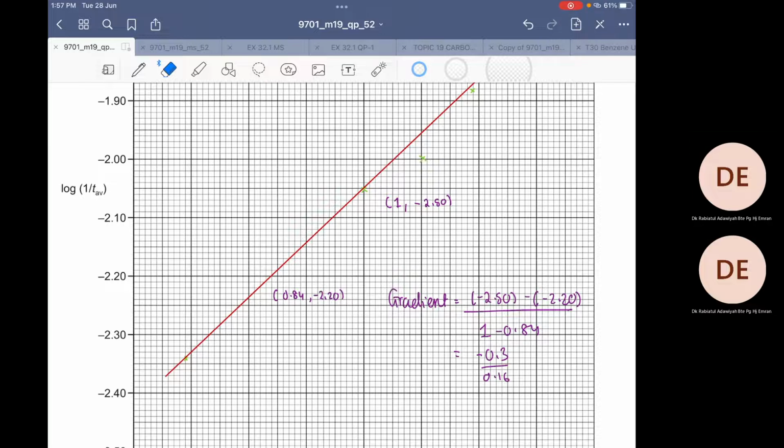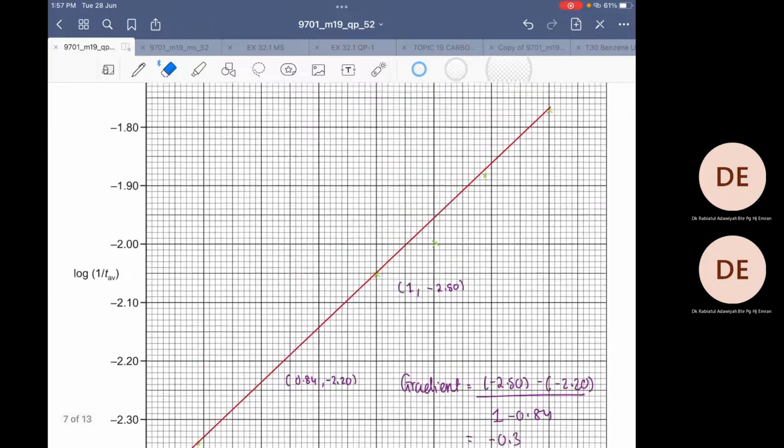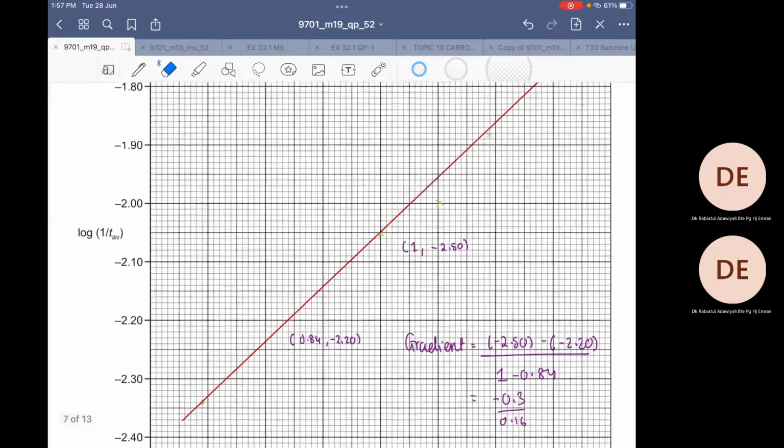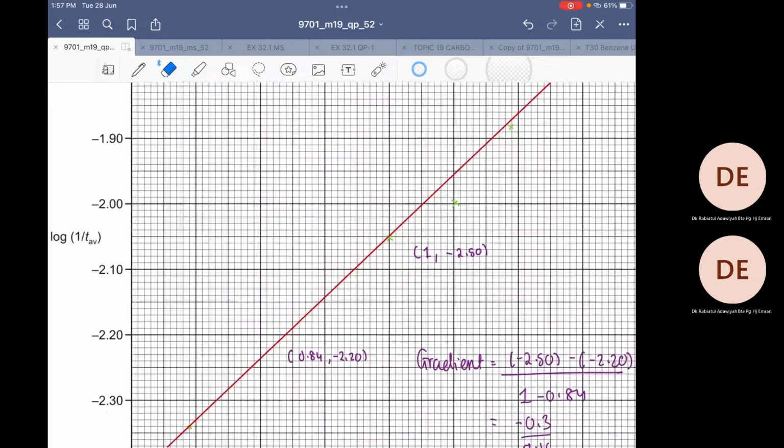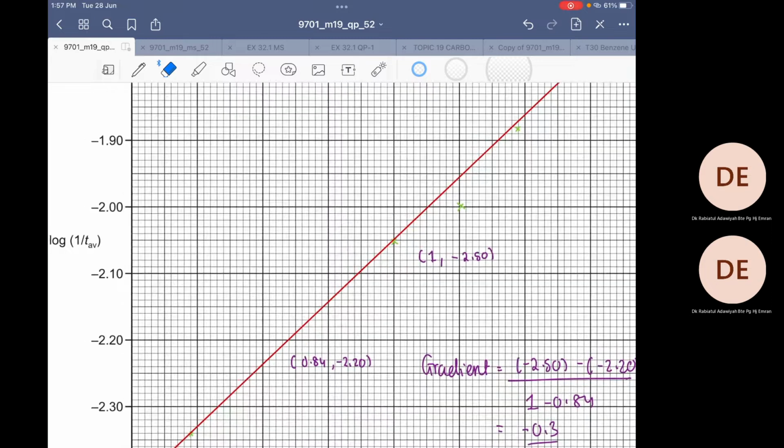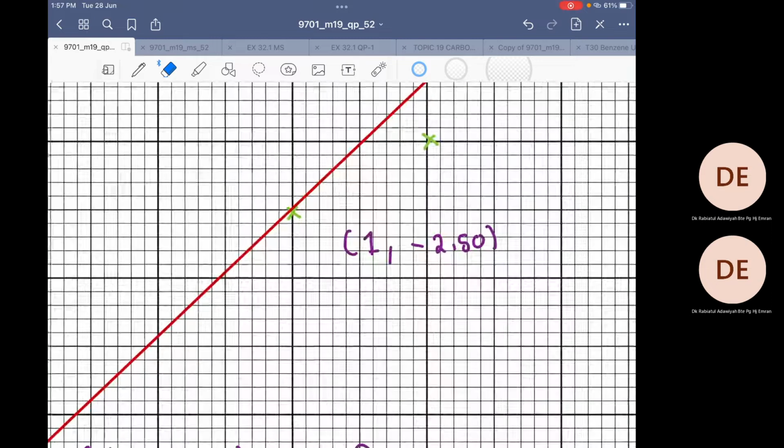Mine should be 2.5 minus 2.20 divided by 1 minus 0.84. Where did I go wrong? I remember reading one of the 2.05. Okay, sorry.